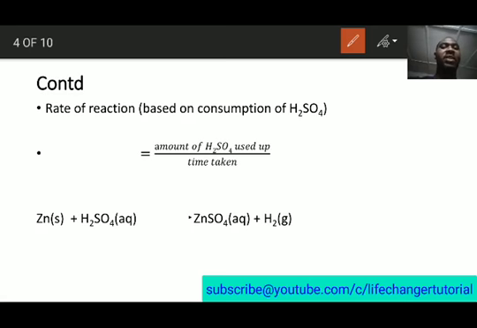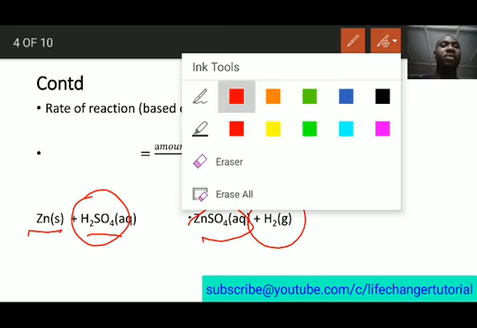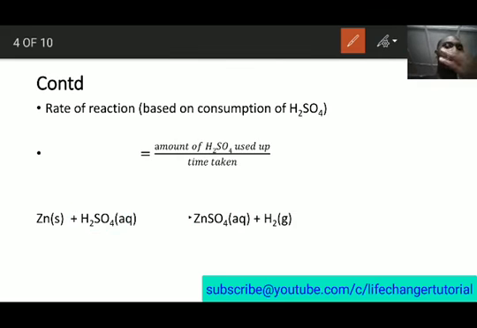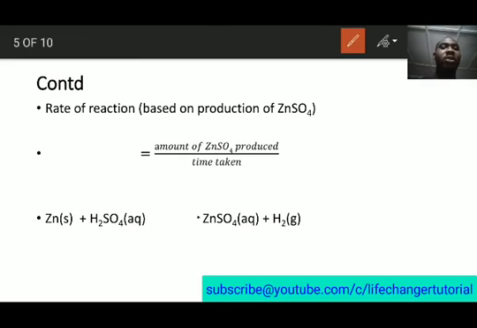Remember, zinc and H2SO4 are the reactants here, while zinc sulfate and hydrogen are the products here. The reactants are the ones that are going to be used up, but the products are the ones that are formed. So you can say it is the amount of H2SO4 used up all over the time taken.